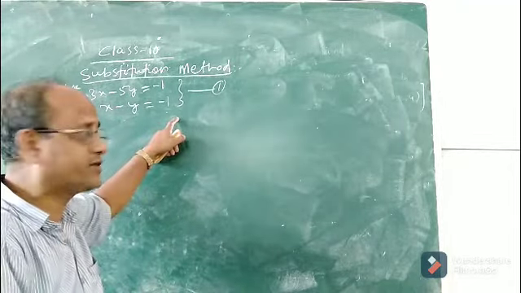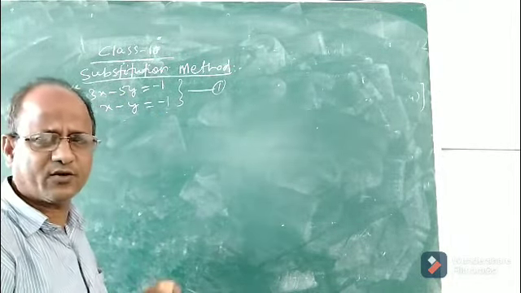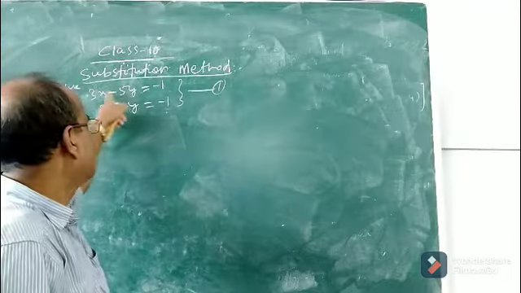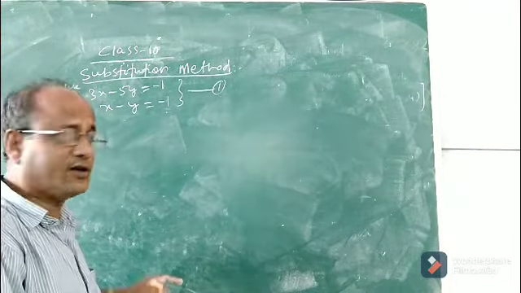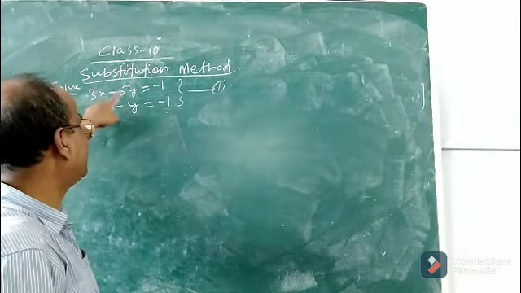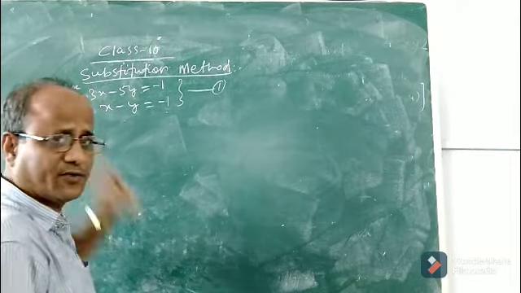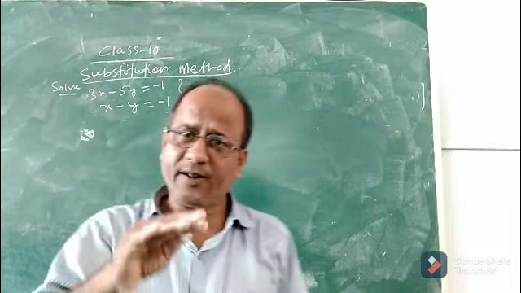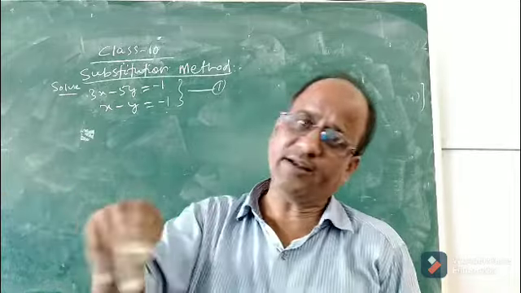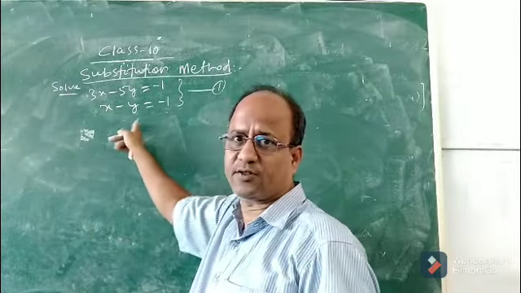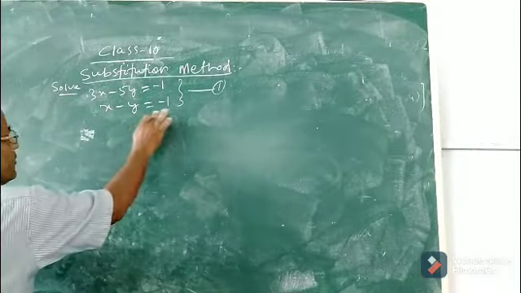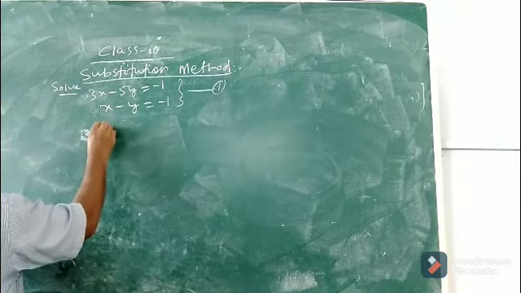You choose any one equation, either one or two. Suppose I am choosing equation 1. Now from any one equation, you either express x in terms of y or y in terms of x. Suppose I am choosing equation 2.